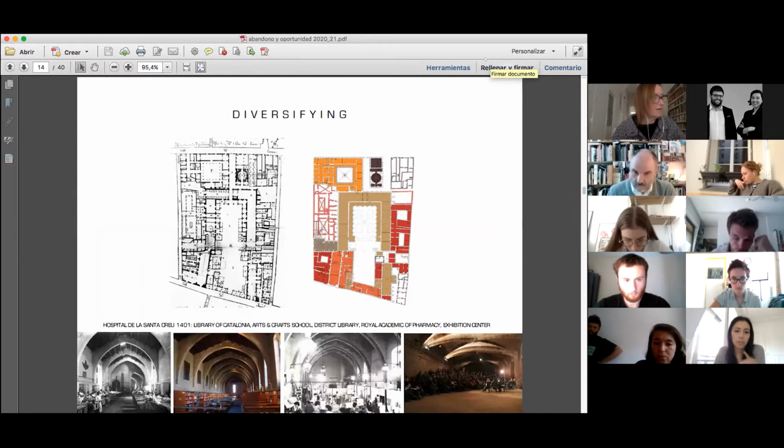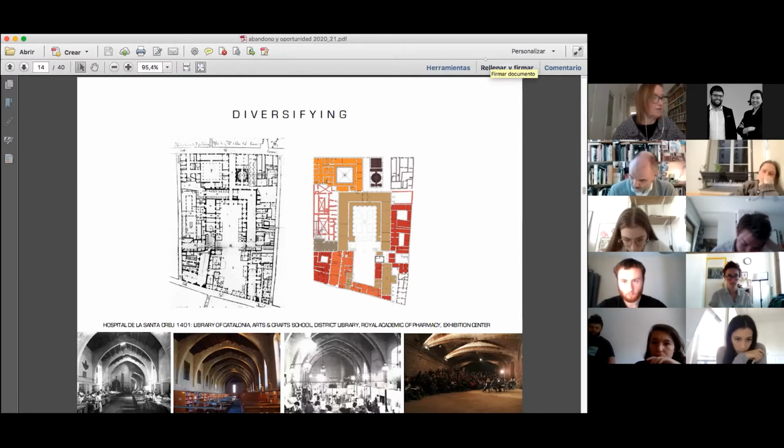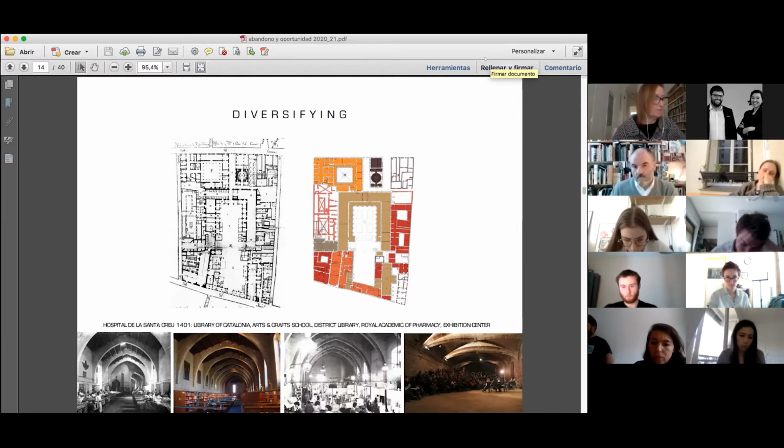The second strategy, diversifying, consists of distributing the new activities in the different parts of a large building complex in an atomized way. Diversification operates on constructions of a certain size, which on many occasions have represented a significant difficulty for their reuse, focused on a single activity.